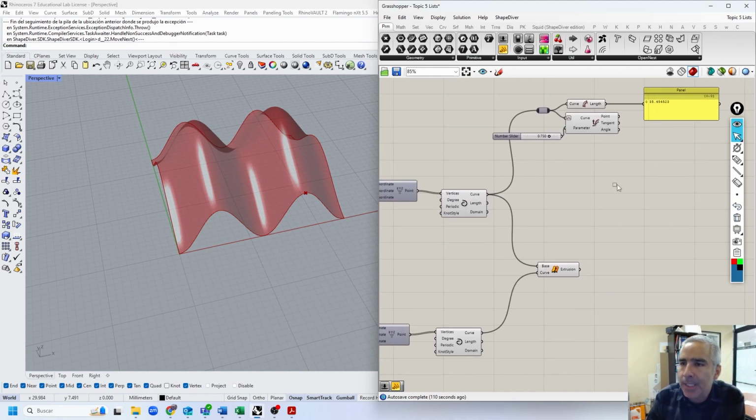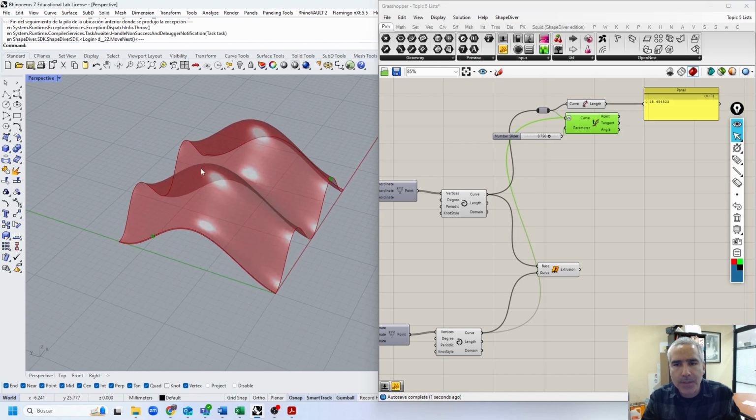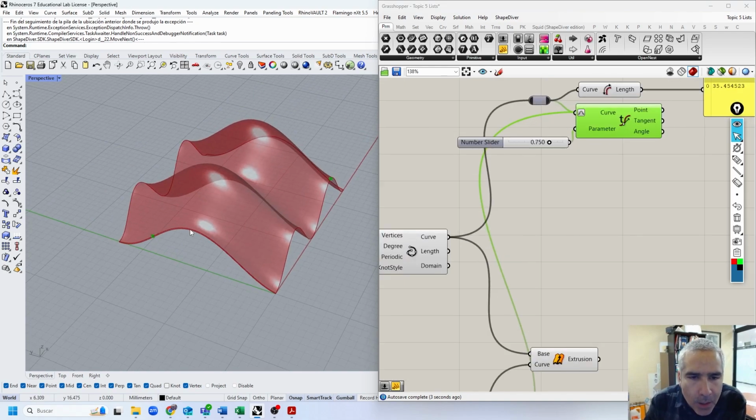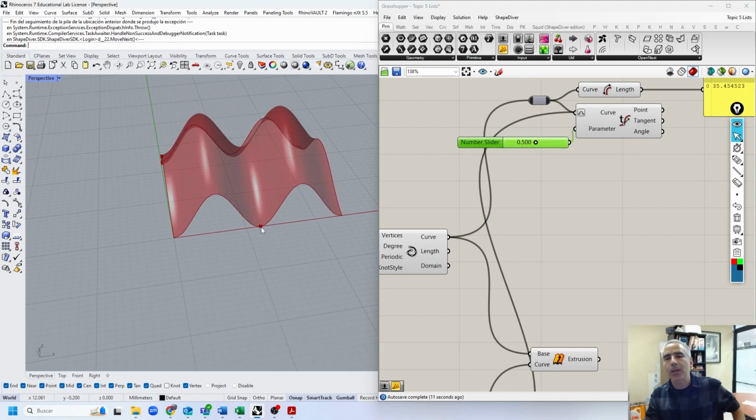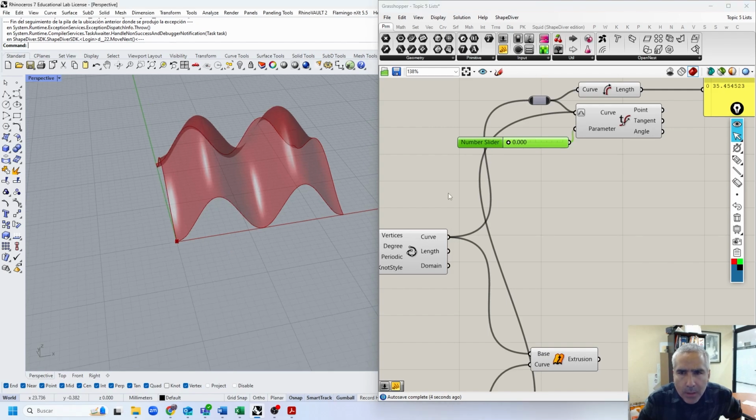And that can happen in several curves. I don't need to know how long the curve is to know that at 0.5 of the reparametrized curve, you get the curve midpoint, at 0 you get the curve start point, and at 1 you get the curve end point.